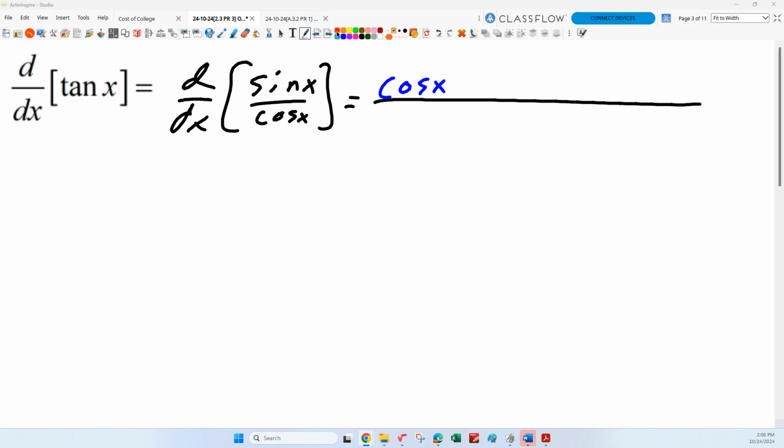What's D high? Cosine x. Minus high. What's high? High is sine x. D low. What's D low? Negative sine x.